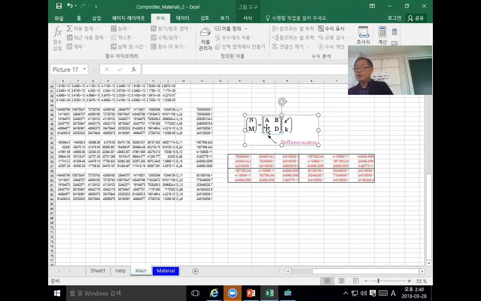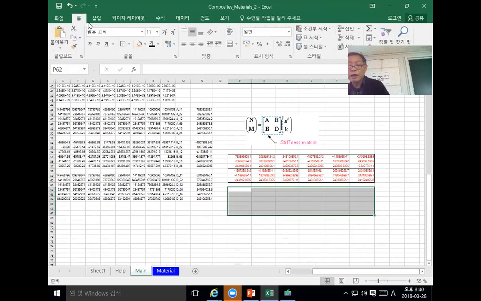Now, for the ABD matrix, we apply the load, N and M. How do we calculate the deformation? Well, deformation epsilon and K. All you need to do is invert this matrix and multiply this, and you get this, right? So how do we invert? 1, 2, 3, 1, 2, 3.